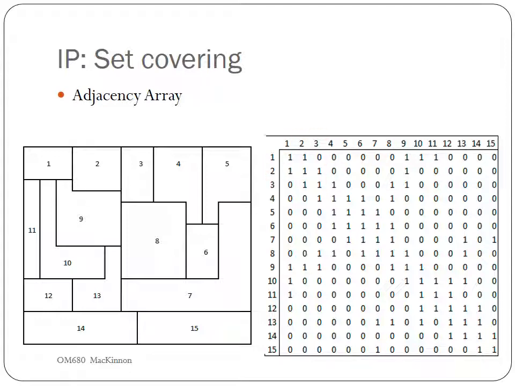So we know, for example, that 1 is going to be adjacent to 1. 1 is also adjacent to 2. It's adjacent to 9, 10, and 11. We go down to region 2. It's adjacent to 1, itself, 3, and 9, and so on. And so you build this adjacency array, and this is going to essentially be your constraint matrix.